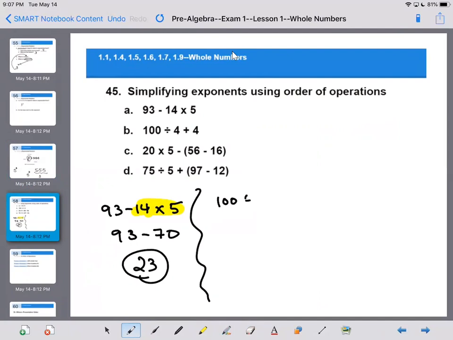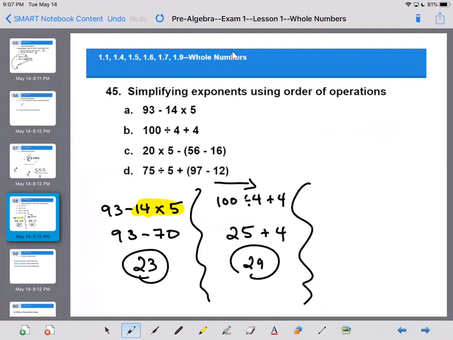100 divided by 4 plus 4. Looking left to right, I see the division comes before addition. So 100 divided by 4 is 25, plus 4, I'll get 29 as an answer. Now I've got a parenthesis here. So that indicates that I need to do this part first.